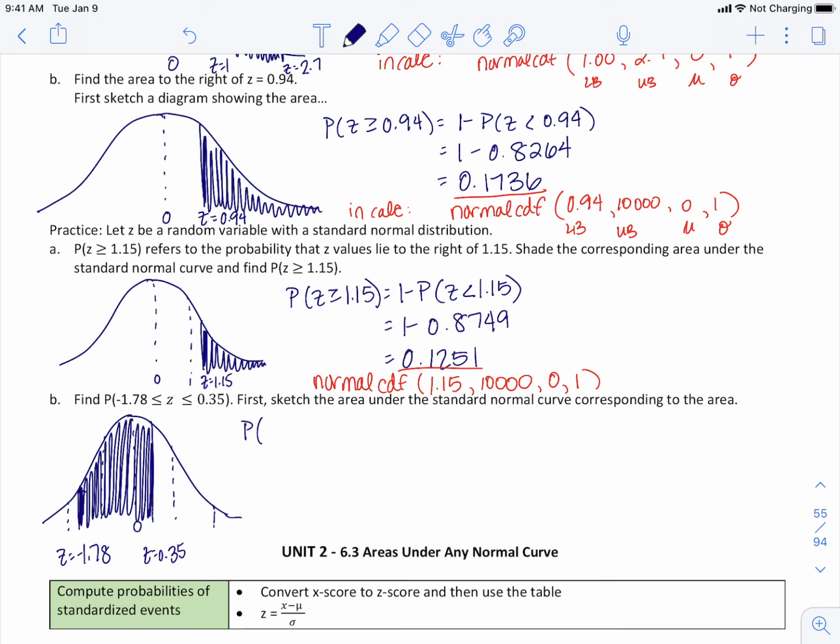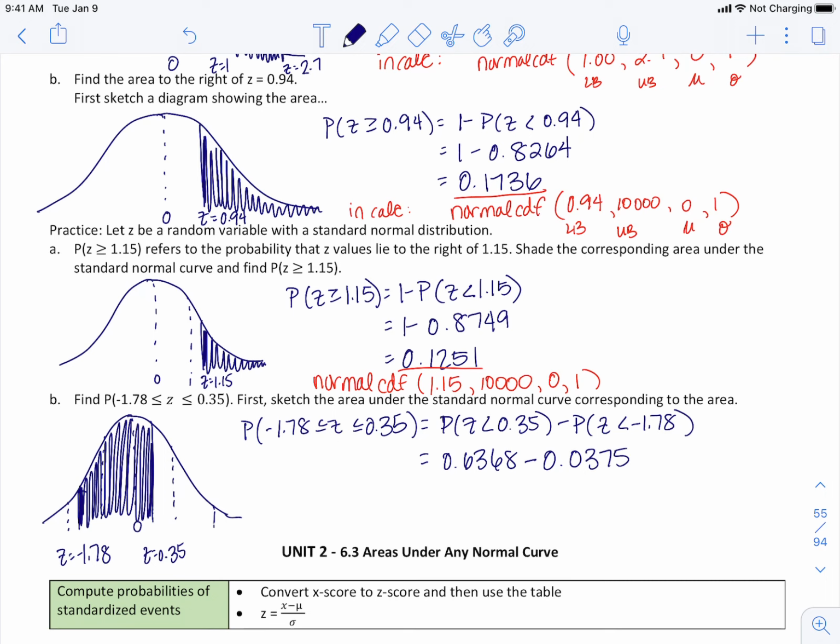So we have the probability, negative 1.78 less than or equal to z, less than or equal to 0.35. So I can do the probability that z is less than 0.35 minus the probability that z is less than negative 1.78 if we're using the chart. So these values are 0.6368 minus 0.0375, and this gives us 0.5993.